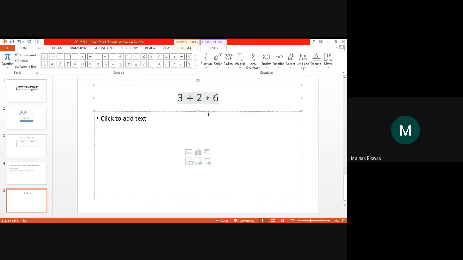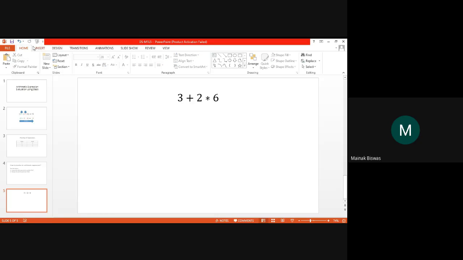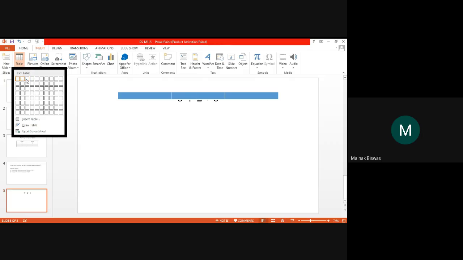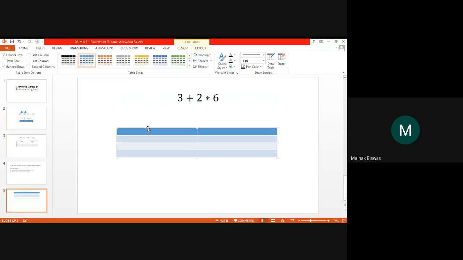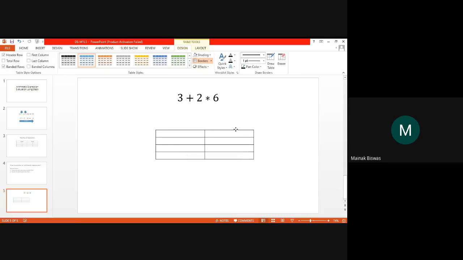There will be two tables, so there will be two expressions. So this is our stack.